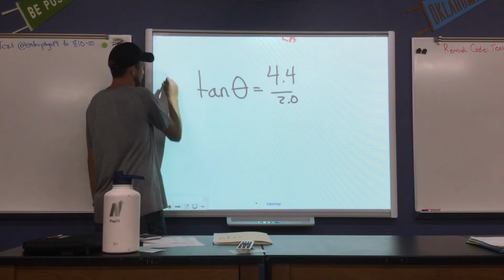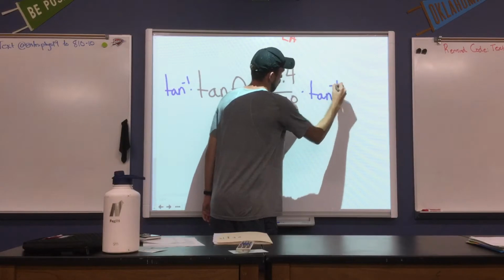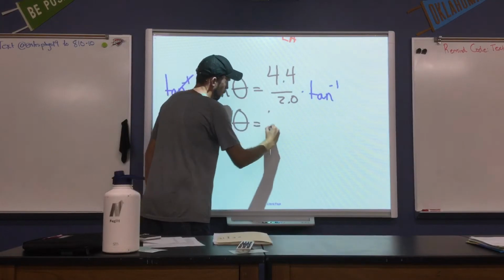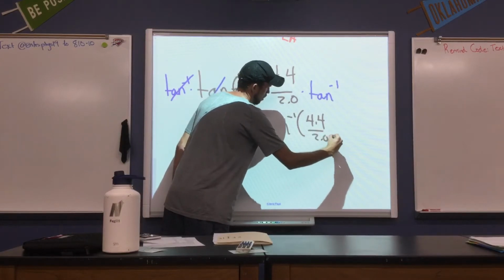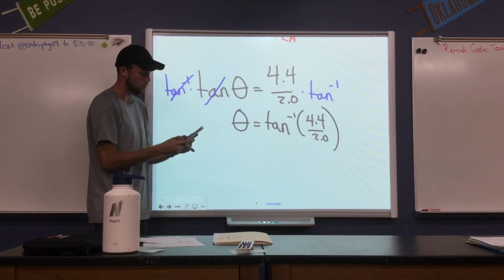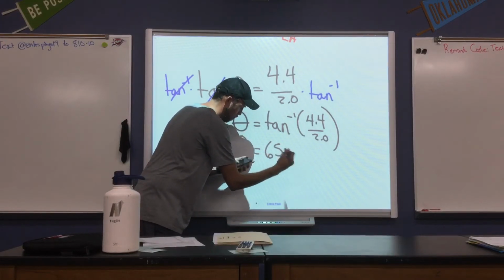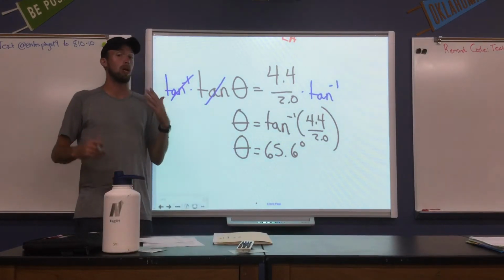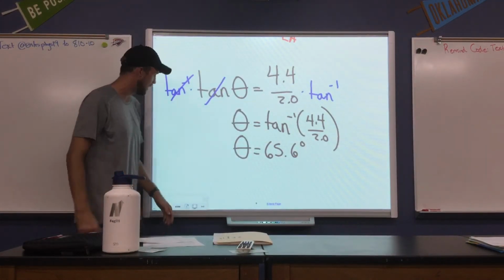And just like before, to get theta by itself, we'll multiply by an inverse. So tangent and inverse tangent will give us theta by itself, which is equal to the inverse tangent of 4.4 divided by 2. We'll plug this in. Inverse tangent of 4.4 divided by 2 gives us an angle of about 65.6 degrees. Now again, as we said before, our angle should actually be in quadrant 4, somewhere between 270 and 360, because we're traveling south and east here.